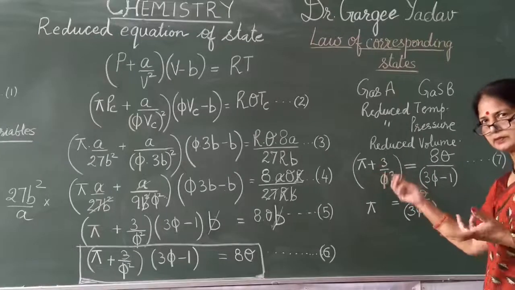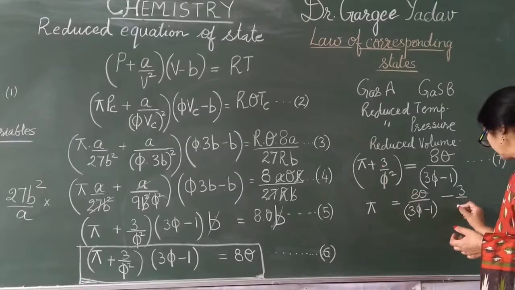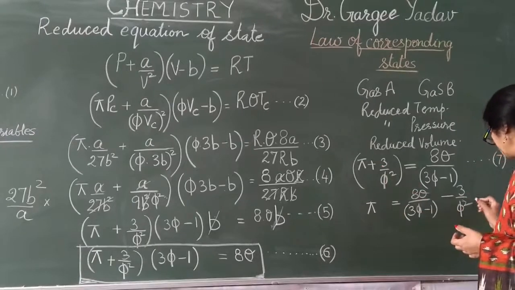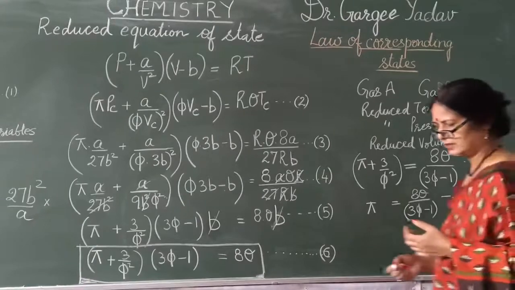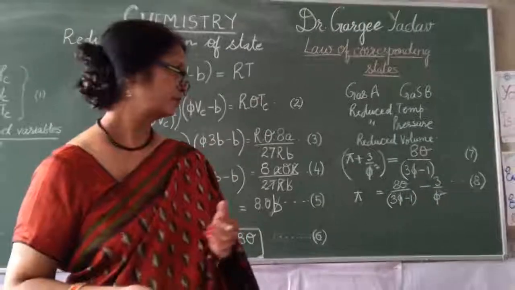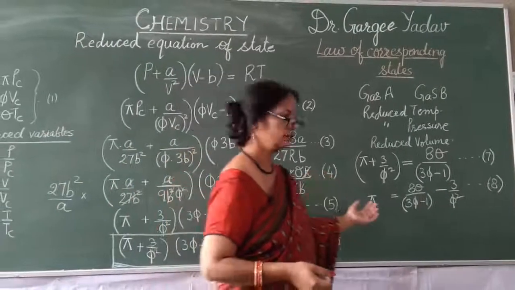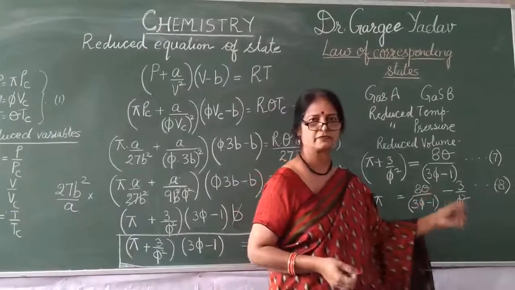From positive, it will become negative. Minus 3 upon 5 square. This is equation number 8. Now, when we are telling you about the significance of this law of corresponding states, we see that pi is equal to 8 theta upon 3 5 minus 1 minus 3 upon 5 square.